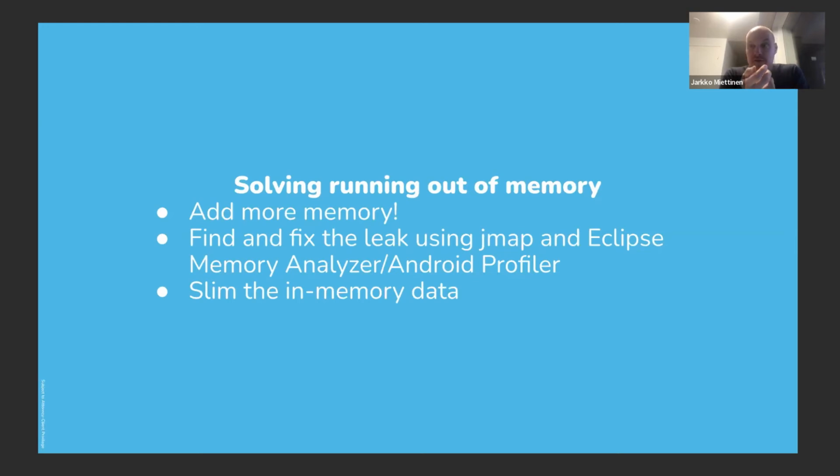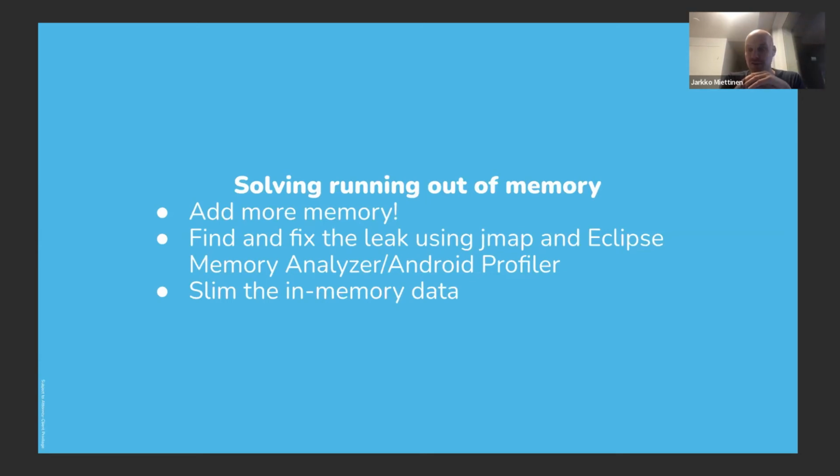Based on this heap dump, we can check what are the objects that are actually taking the most of the memory. If we were to release these objects, is there something that we would want to keep in memory?